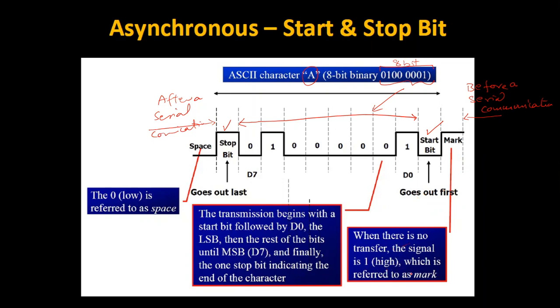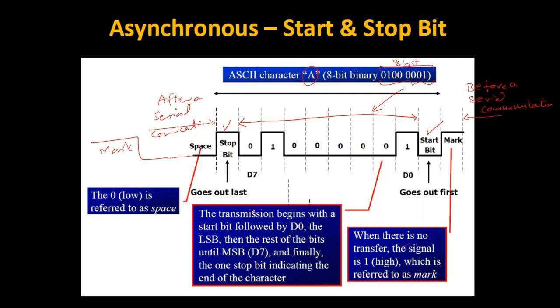The signal is high, which is referred to as mark, and a continuous low will represent कि अच्छा आपकी communication complete होती है. Of course, after some time it will become high, continuously high as a mark, जो कि ये show करेगा now the system signal is available for it.